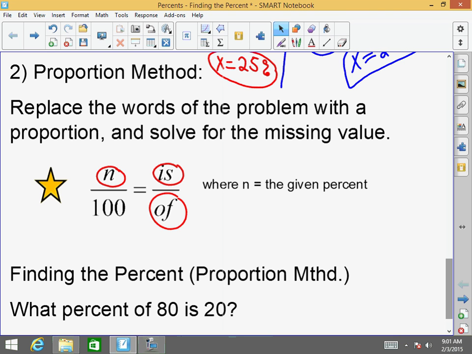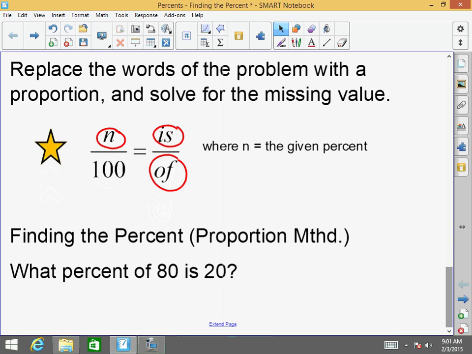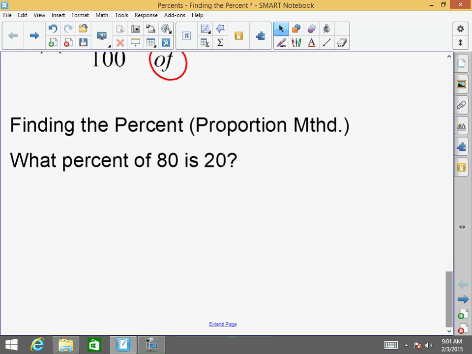So let's do this exact same problem, but using the proportion method. If we do this problem using the proportion method, we have what percent, so n over 100, because we don't know the percent, equals is. What's the is part here? What's the is? 20.